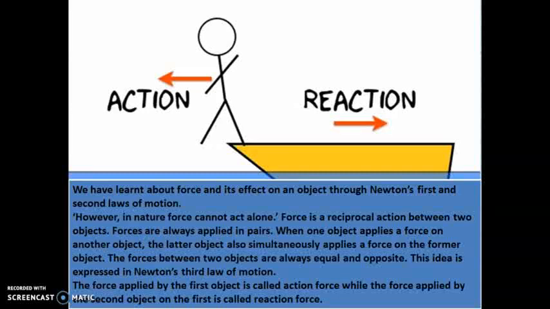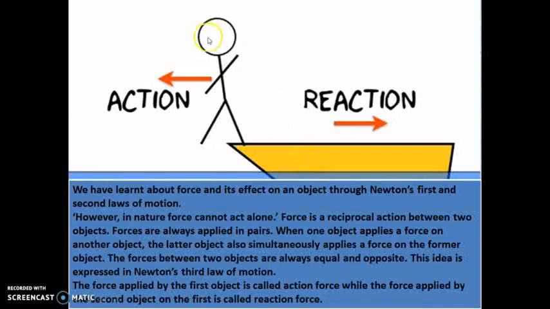Let's see what it is. The force applied by the first object is called the action force, while the force applied by the second object on the first is called the reaction force. Now very clearly you can see in the diagram two objects, object 1 and object 2.